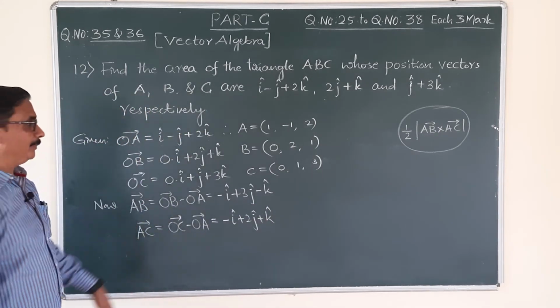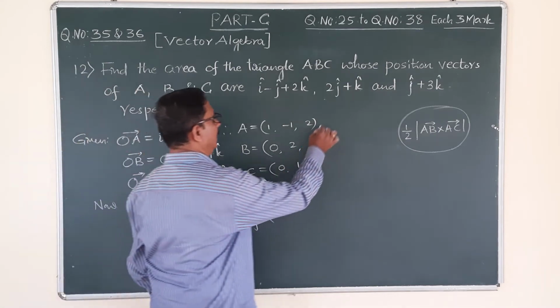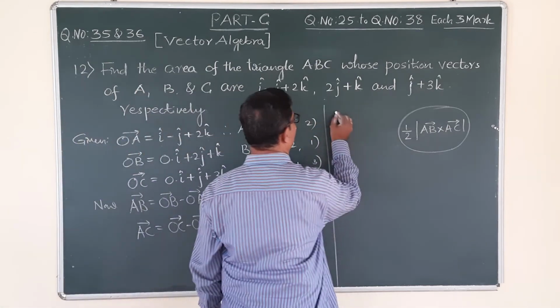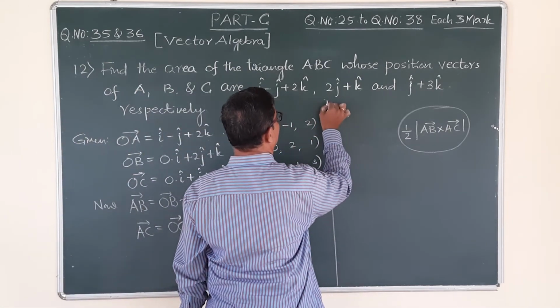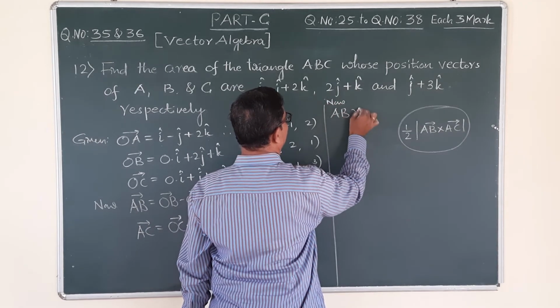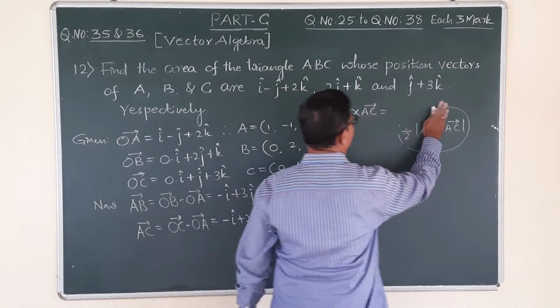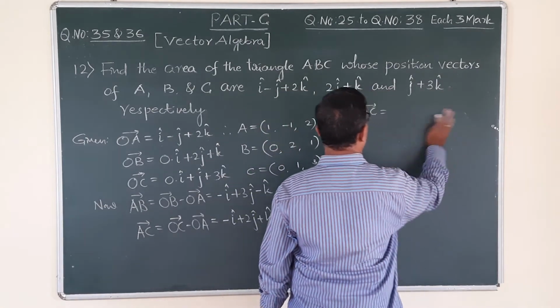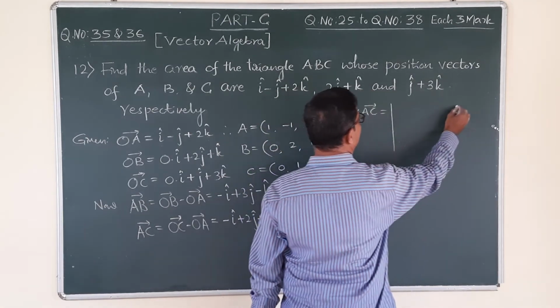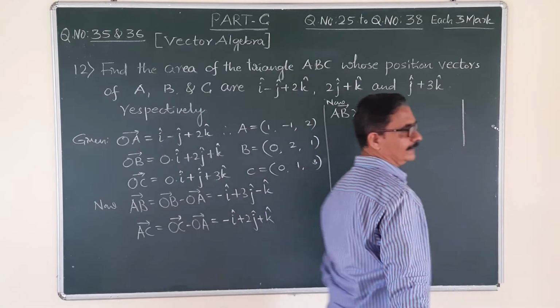Next, to find AB cross AC. Now AB cross AC is equal to, by the definition of cross product using the determinant, write the coefficients.